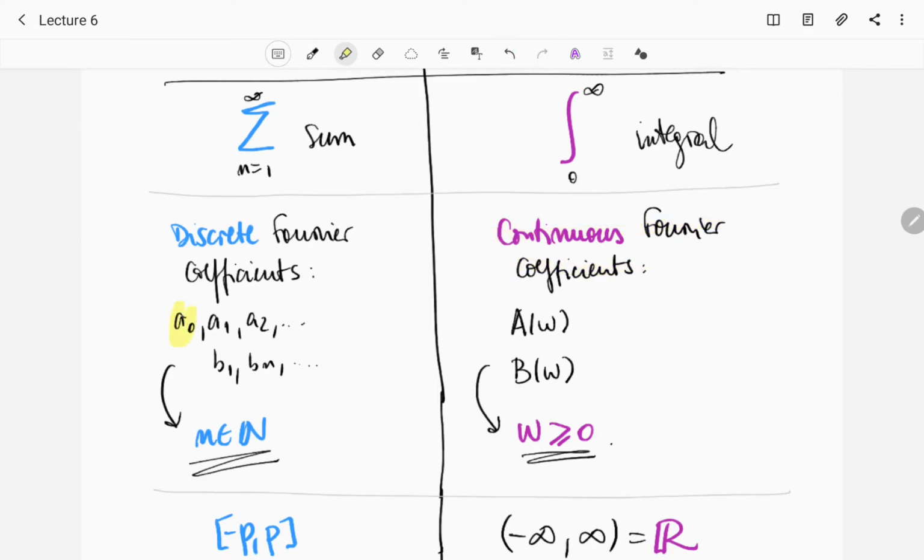Let's say that this a0 disappeared in some sense, and we only have this a of omega, which is next to a cosine function, and this b of omega, which is next to, I mean multiplied by, a sine function in the case of b and a cosine function in the case of a. Okay, so again, discrete, meaning that we have these values, natural numbers. Continuous, meaning we have this range of values from 0 to infinity.